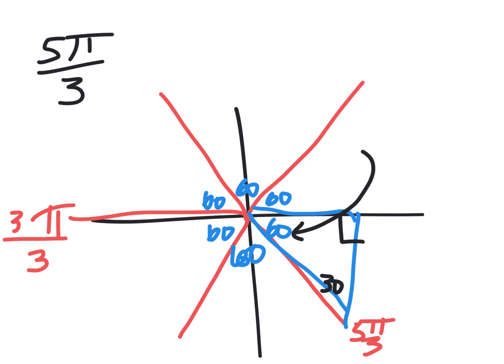Make sense? Now, do you have to have sides? Yes. Opposite from the 30, you got 1, and then this is 2, and this is square root of 3, and then, oh, so close, all that work, and you forgot the negative. Is that the kind you wanted? Okay.